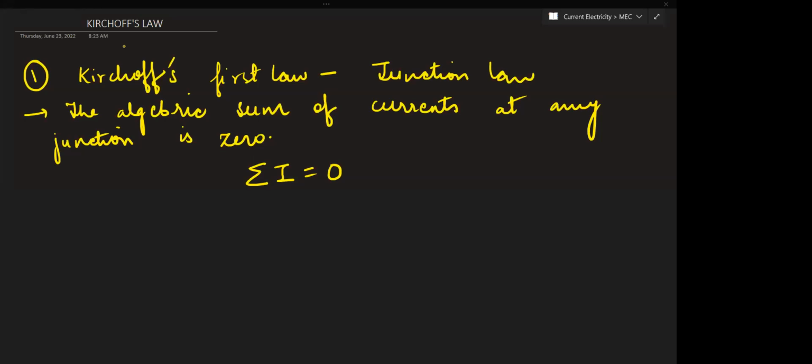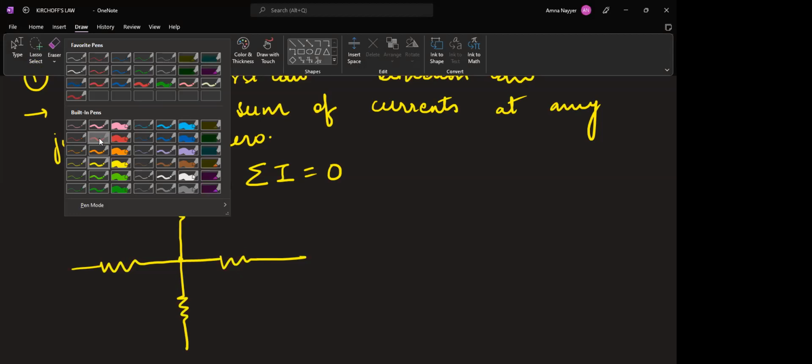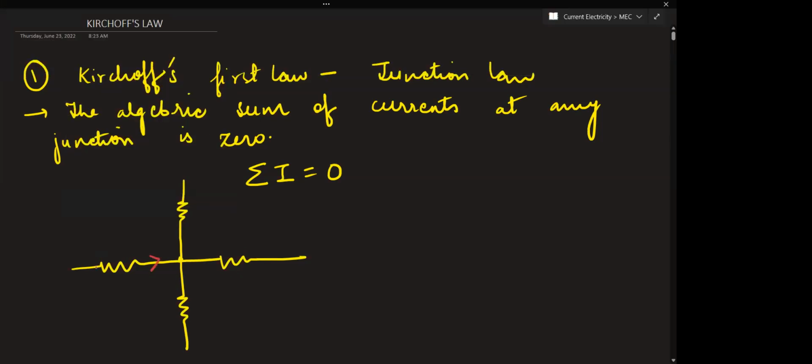This means whatever currents are entering. Like if I say this is a junction, this is one resistor, this is another resistor, this is one resistor, and this is another resistor. So this is the junction of all these resistors. See, the direction of I1 is this, and the direction of I2 in this branch is this.